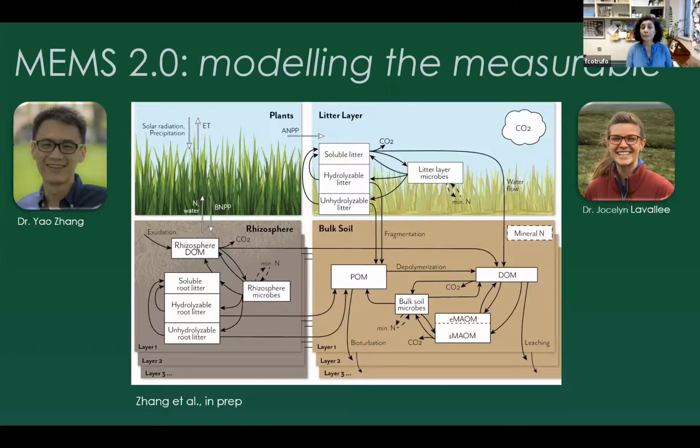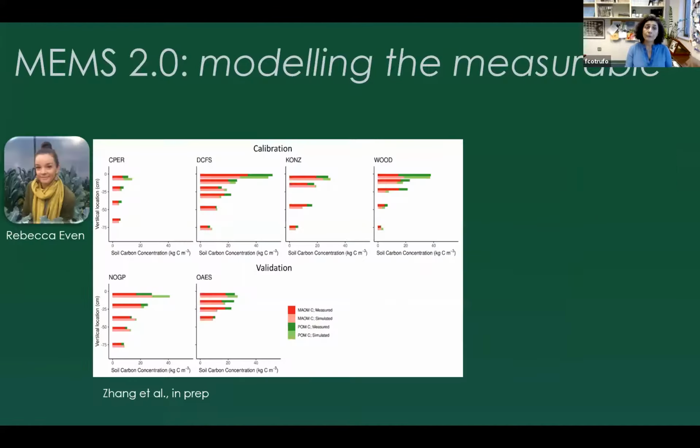But to start with, we calibrated and validated it in grasslands. Rebecca Evans in my lab has fractionated all the NEON soils, in all the different, what I call, NEON megapit soils, all the way to depth.